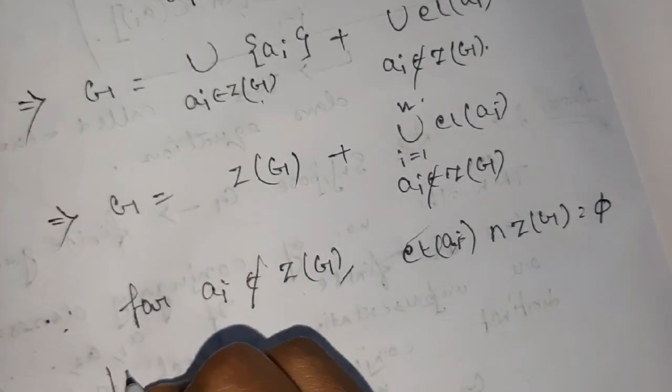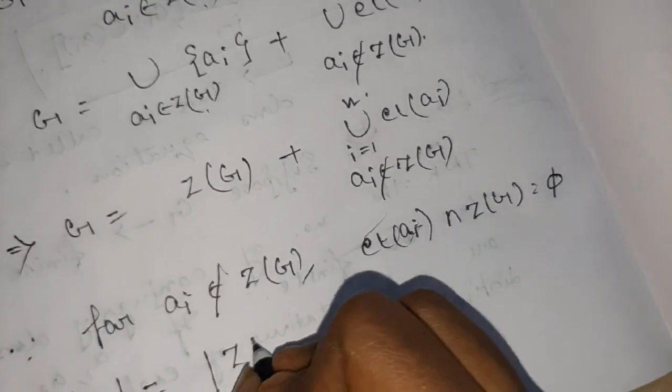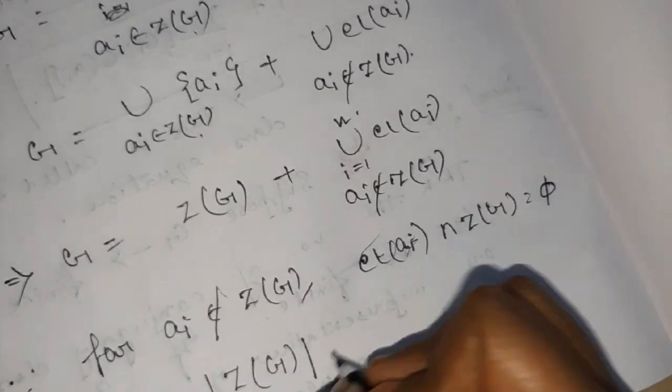So cardinality of G equal to cardinality of ZG plus union I equal to 1 to n cardinality of class of AI for all those AIs which are not in ZG.